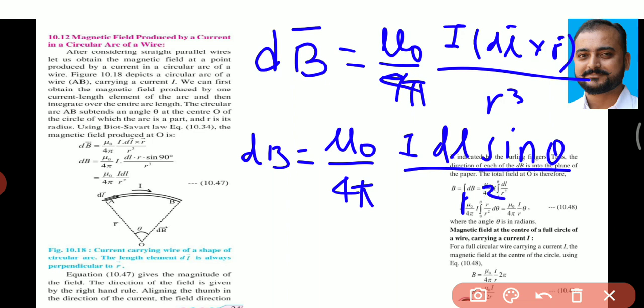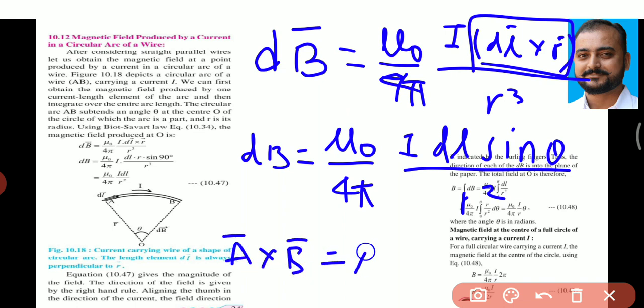So how does it become that, friends? It's simple. You take the cross product: dl cross r gives dl r sine theta. You know that a bar cross b bar can be written as ab sine theta.